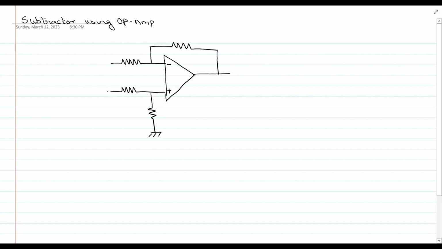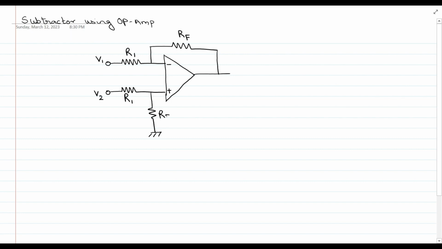Two inputs V1 and V2. This is resistance R1. This is also resistance R1. This is RF and this is resistance RF.